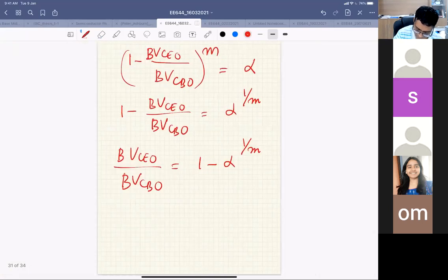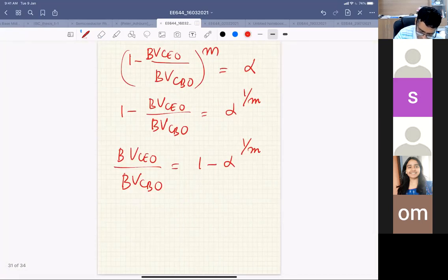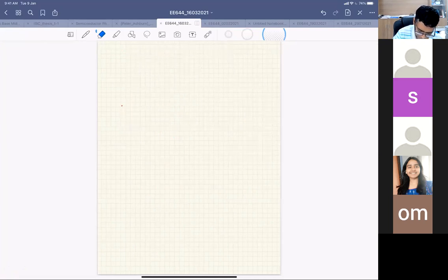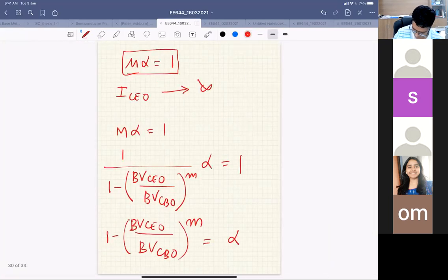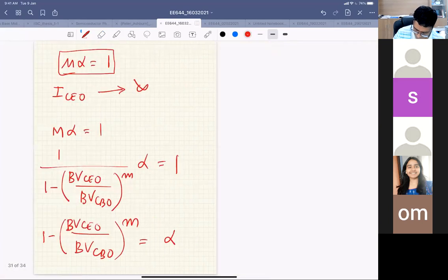So this will become to the power whole times m equal to 1 minus alpha.